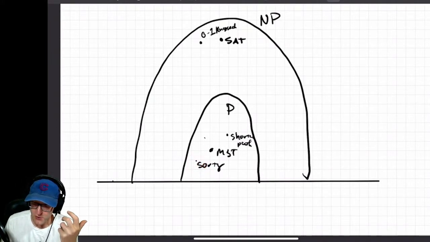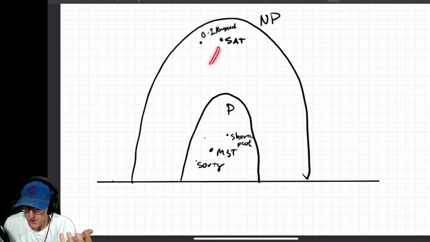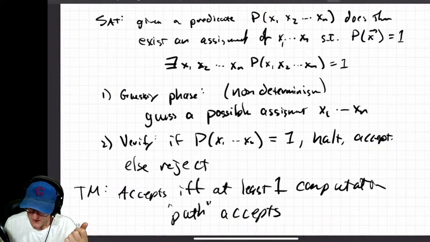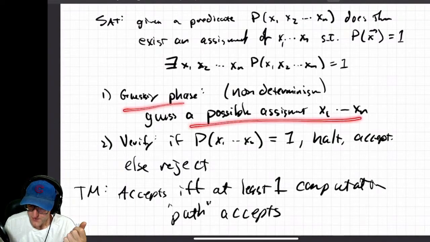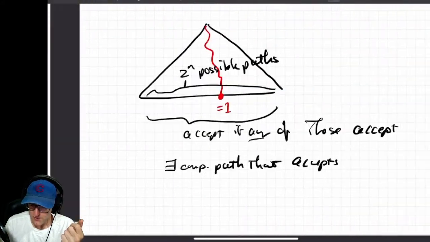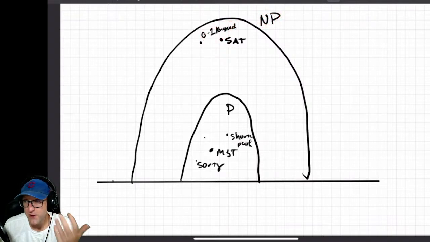So how do I show that something is in NP? All I need to do is come up with a non-deterministic polynomial time algorithm to show that it is in NP. That's what we did over here, right? All you have to do is guess a possible assignment, verify, and accept or reject. That was enough to show that it's in NP. For the 0-1 knapsack problem, you guess a certificate.